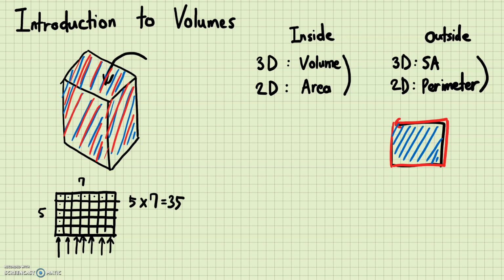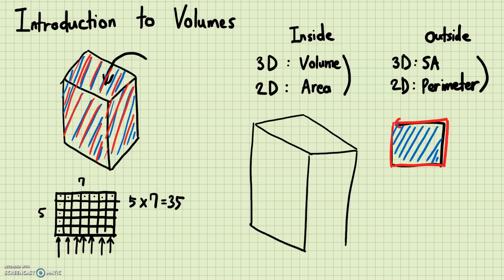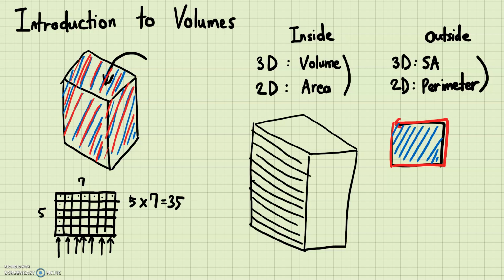And we can do something similar in three dimensions. Imagine this rectangular prism divided up like this. I need to draw diagonally this time, so it's a little bit harder.